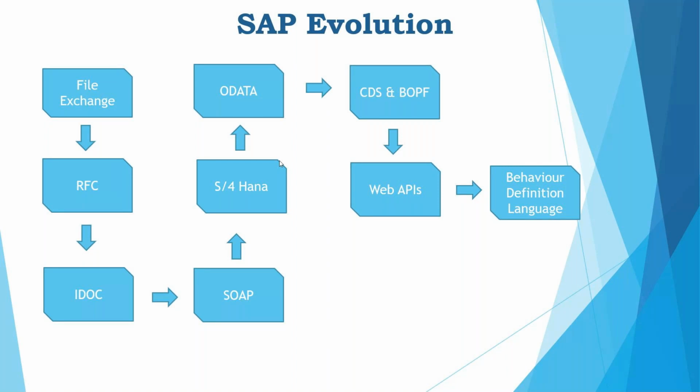Once you develop the OData service, anyone can access it. If you are developing a Java program, you can use the OData URL directly. If you are developing a .NET application, AngularJS, or an SAP UI5 application, you can access this OData service in your code and consume the data.